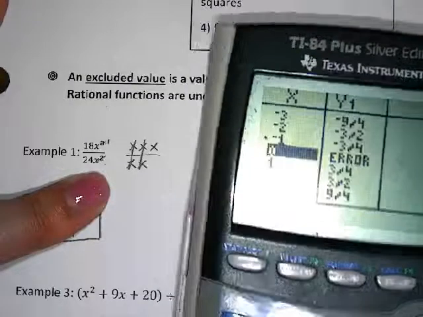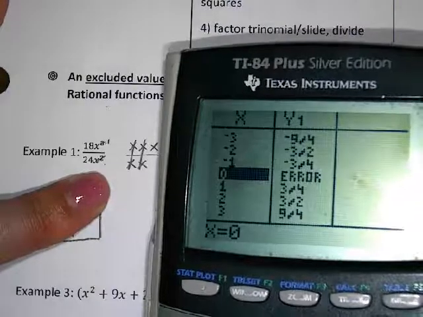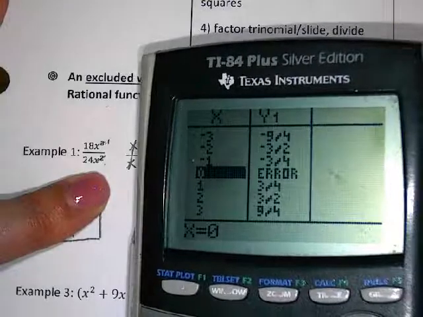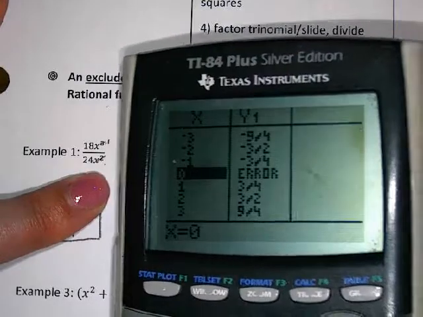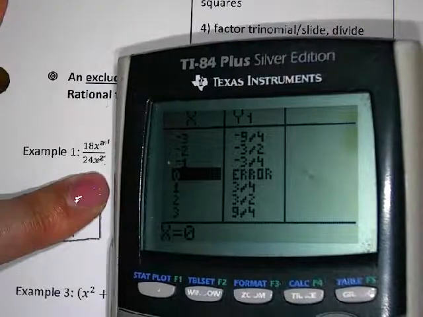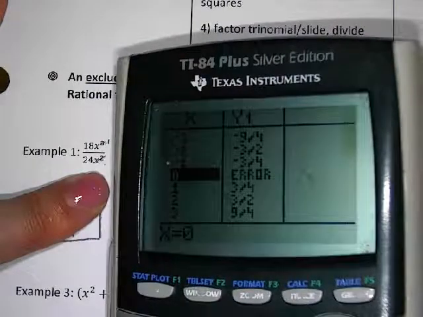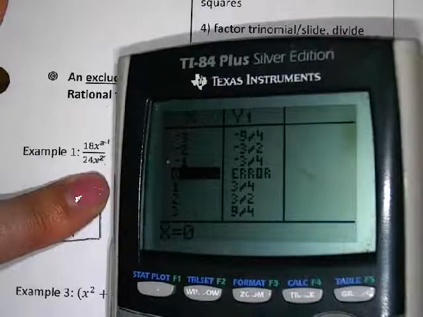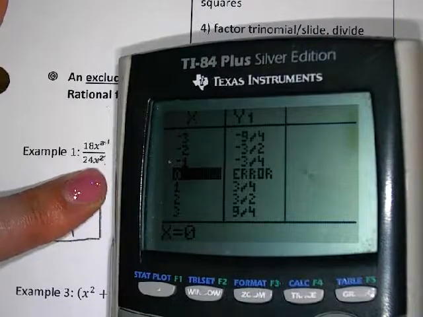So 0 is the excluded value. If you plug 0 in for x, you won't be able to get an answer. The calculator is going to be like, nope, nope, nope. That's dividing by 0. We can't do that. So here we would say x cannot equal 0.